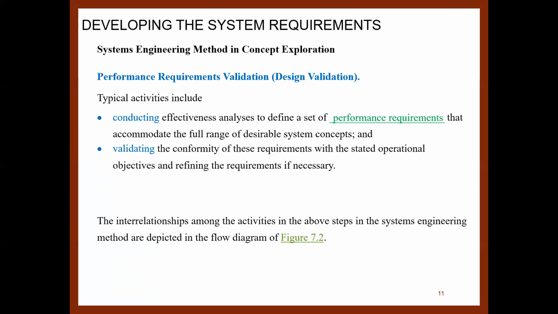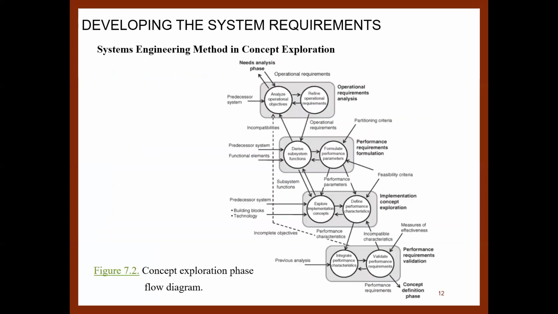The interrelationships among these activities in the above steps in the systems engineering method are depicted in the flow diagram on the next slide. So I like this diagram because it shows the relationship between the 4 steps of the systems engineering method in the concept exploration.